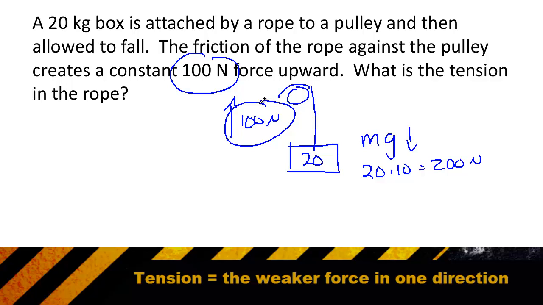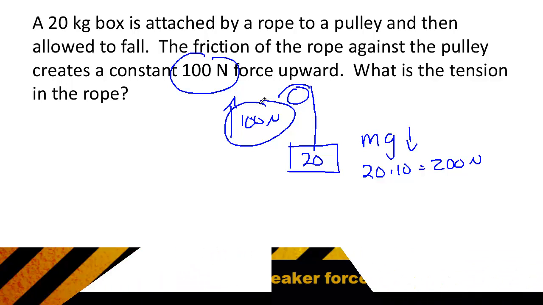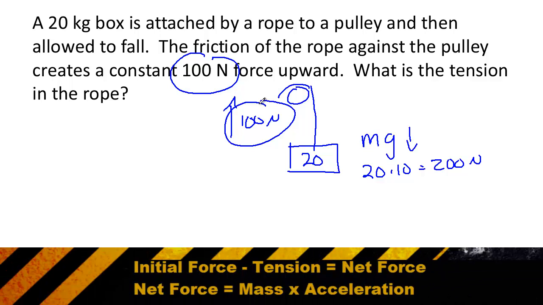But let's take this problem a step further. What is the resulting acceleration in the box? Well, the equation we could use is simply our force is equal to our mass times our acceleration. But this force isn't referring to our initial force. It's actually referring to what we call our net force, which is our initial force minus the force we lose from tension.